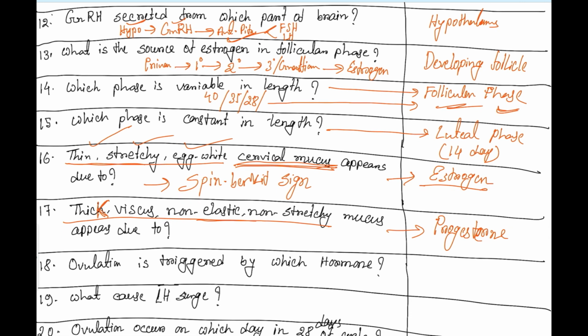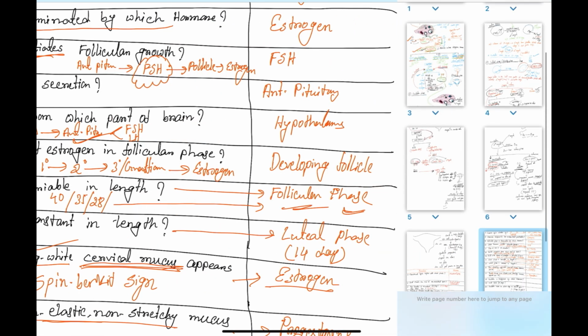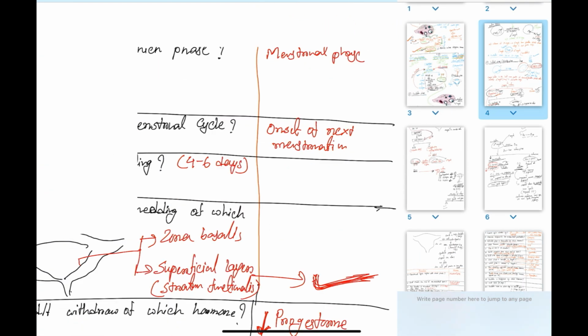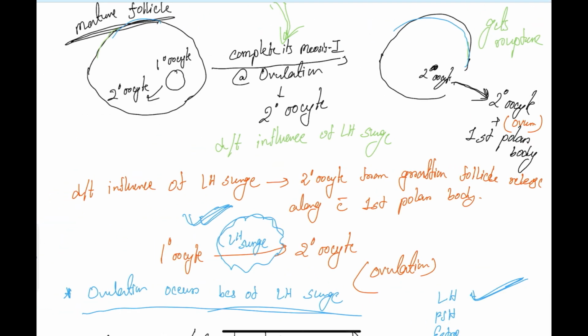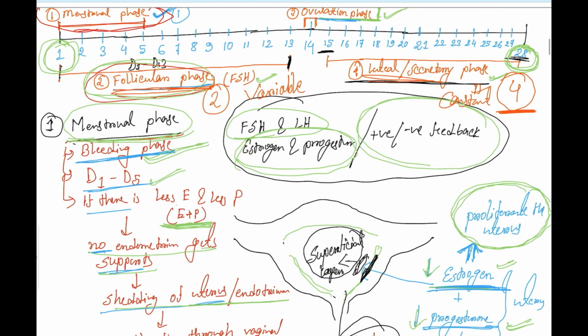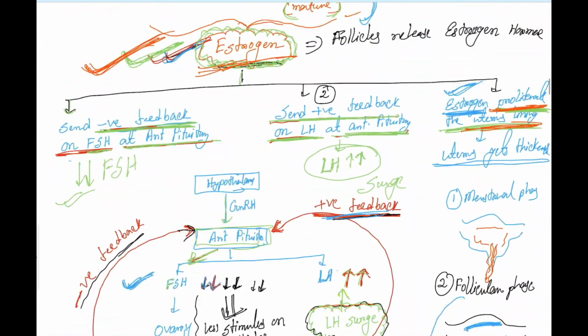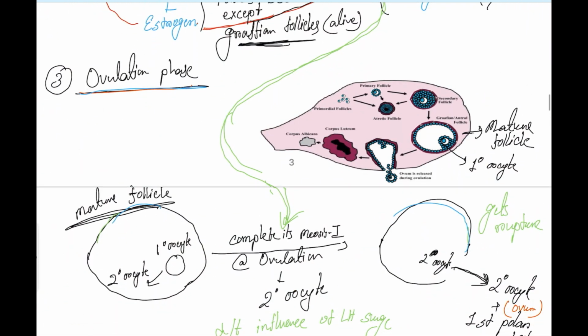Okay. That's all about your follicular phase. Now coming to the third phase, that is your ovulation phase. We have discussed the menstrual phase and the follicular phase. Ovulation occurs on day 14 of the cycle.